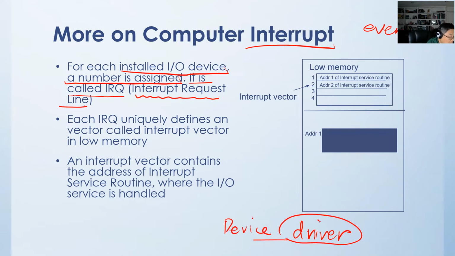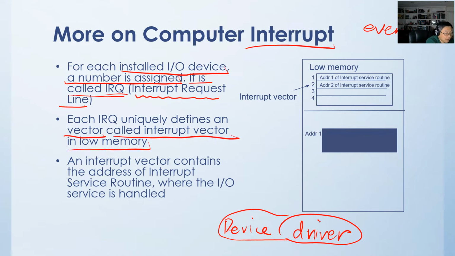Once the device driver is installed, it allows the computer operating system to assign a number for this device. It's called the IRQ number. It's just a number. So each IRQ uniquely defines a vector called the interrupt vector.